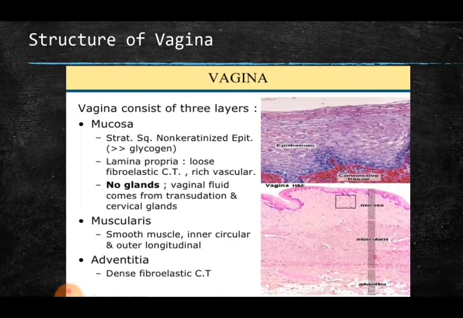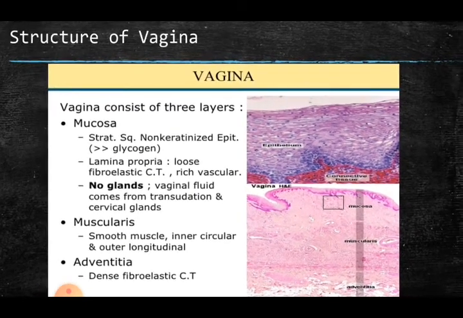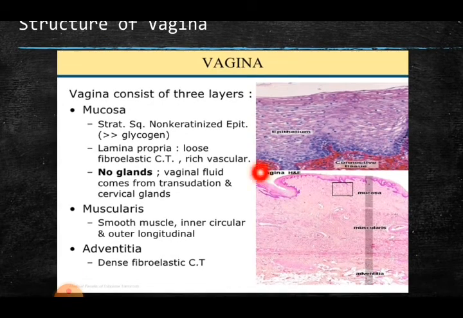Once again, we have 3 layers in the vagina, and these are the mucosa, muscularis, and the adventitia. The mucosa is the inner lining, and it is composed of stratified squamous epithelium that forms the ridges.